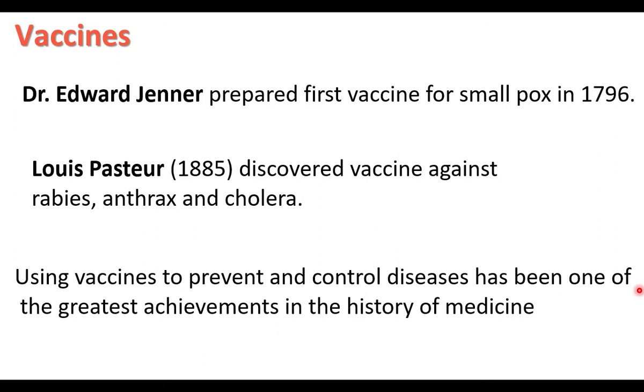According to WHO, after the development of vaccines, death due to infectious diseases has been reduced greatly. So vaccine development played a significant role in reducing death due to infectious diseases.